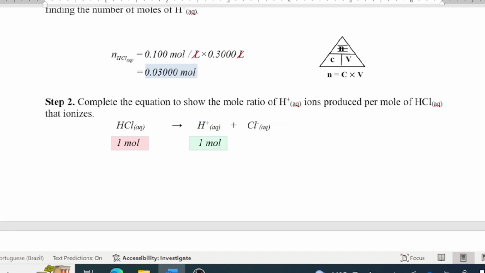Then you want to find the number of moles of hydrogen ions in the acid. Why are we doing that? We are doing this because it is the hydrogen ions in the acid that will be neutralized by the OH ions in the base that is added to it. So we want to know the original number of moles of hydrogen ions there.